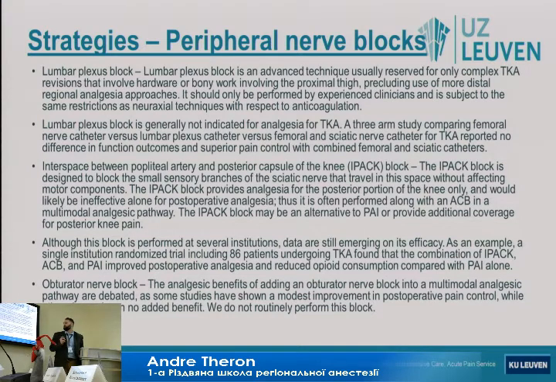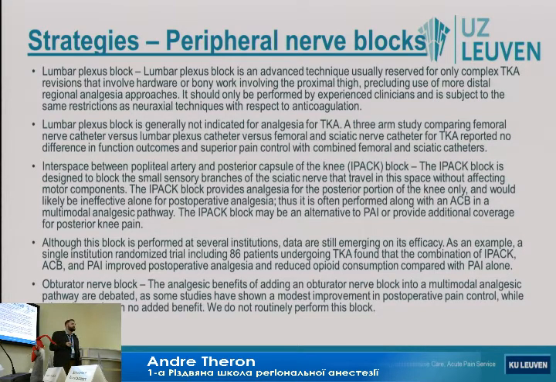This block is performed in many institutions, and we do it as well. We've started doing it for the knee surgeries, and we're doing it for all cruciate surgeries and complex knee arthroscopies and so on. We're doing that as well. Then looking at the obturator nerve block.